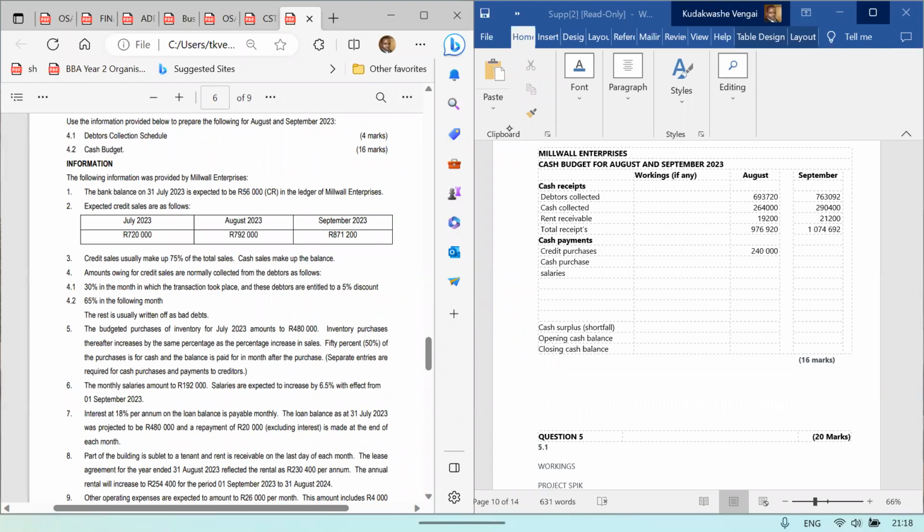The faster method is this: if purchases increase by the same percentage as sales, it means that the ratio will be maintained. So what is the ratio of sales and purchases?